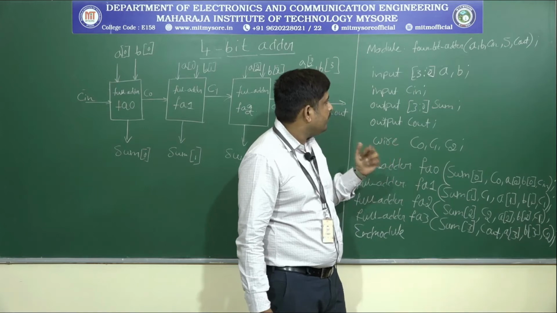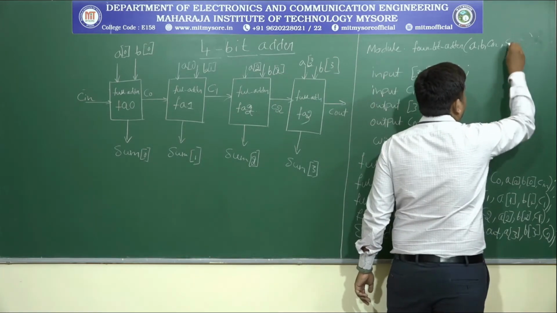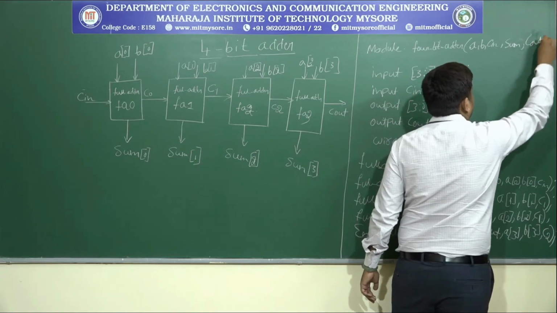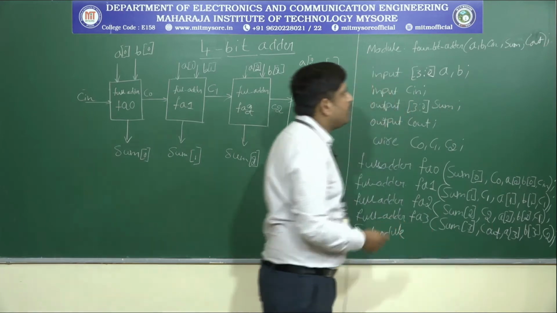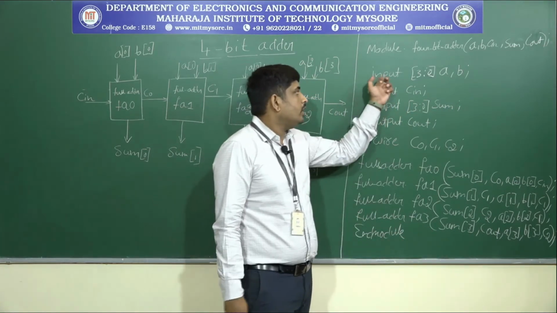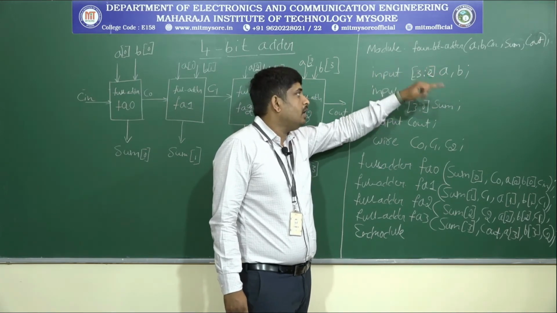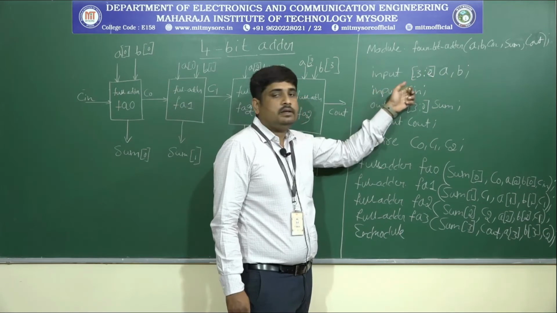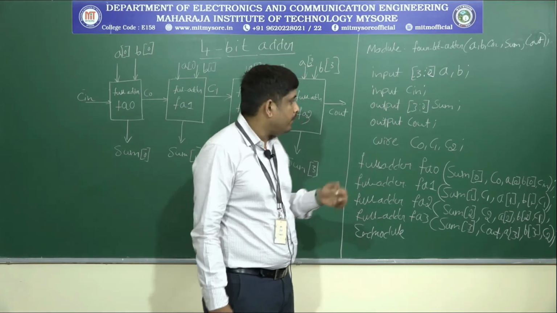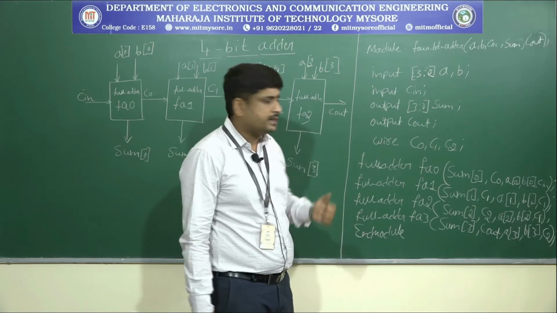It's better you name it sum rather than S. After this we define the IO declaration, that is the input output declaration. Input 3 down to 0 A comma B indicates A and B are both 4-bit. Input Cin indicates a single bit. Then output 3 down to 0 sum is 4-bit. Then output Cout is a single bit, also called a scalar.